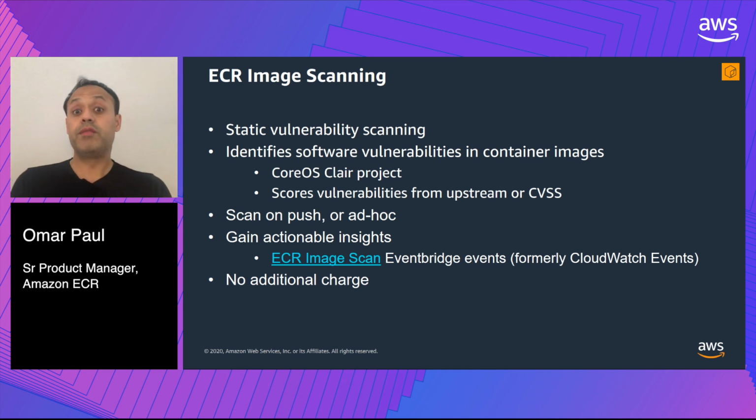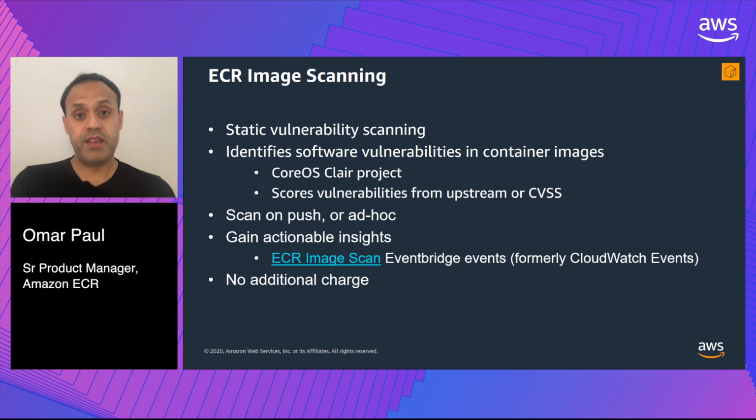With ECR, you can review scan findings for information about the security of your container images. You can see them in the console, you can see them at the command line, and I'll show you some screenshots later. There are two ways you enable scans with ECR: manually or ad hoc through an API, or image scan on push when you push an image into your repository.